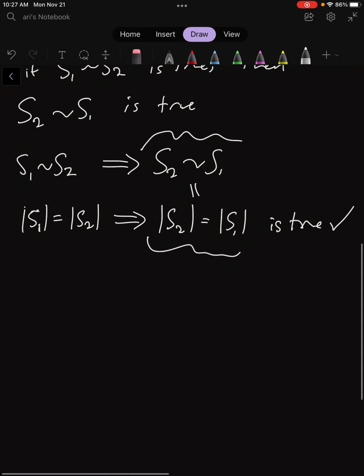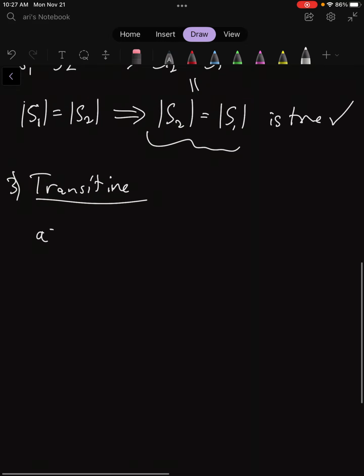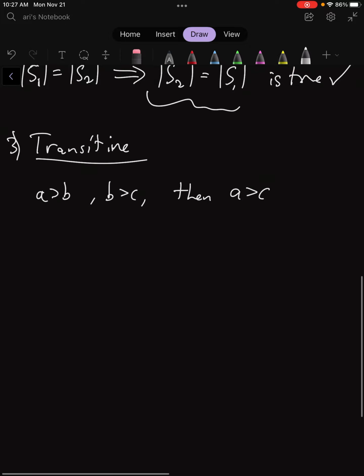Now the third property that we need to show is that it is transitive. Transitive property. And you guys know the transitive property. It's like A is greater than B and B is greater than C, then A is greater than C. That's like an example of the transitive property.